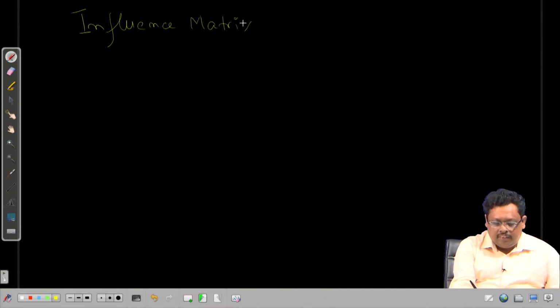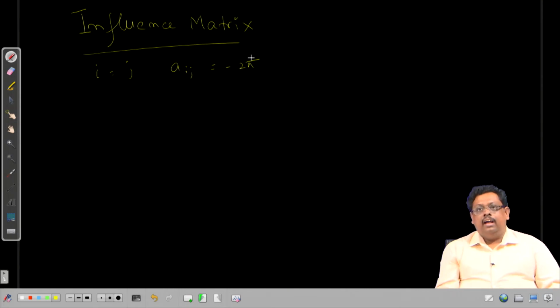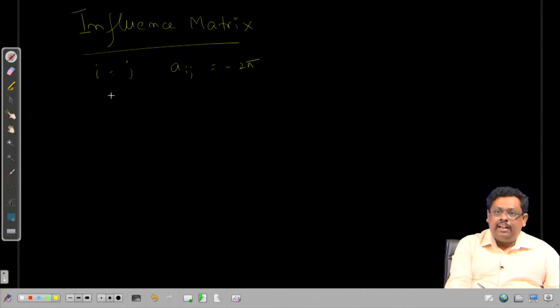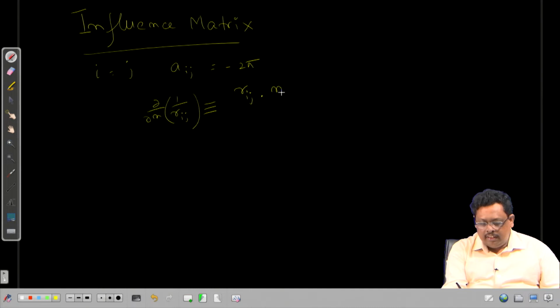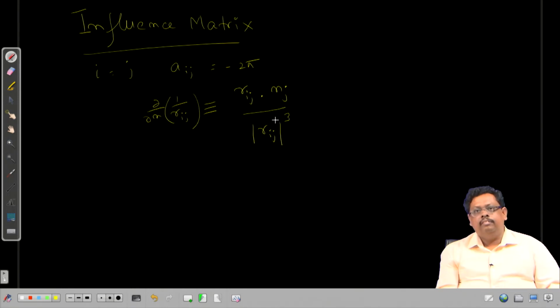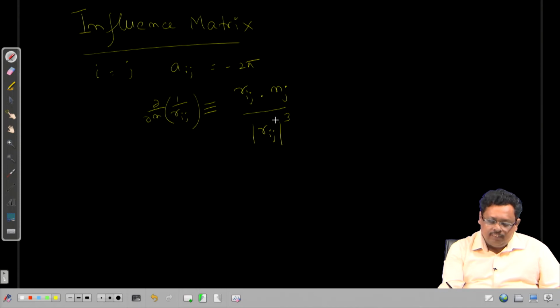When i equal to j, the entry A_ij is equal to minus 2 pi, and when i not equal to j, my entry should be, as you know, del del n of 1 upon r_ij, and if you remember we have solved it, this is nothing but r_ij dot n_j divided by mod of r_ij cube, right, that we have already discussed.